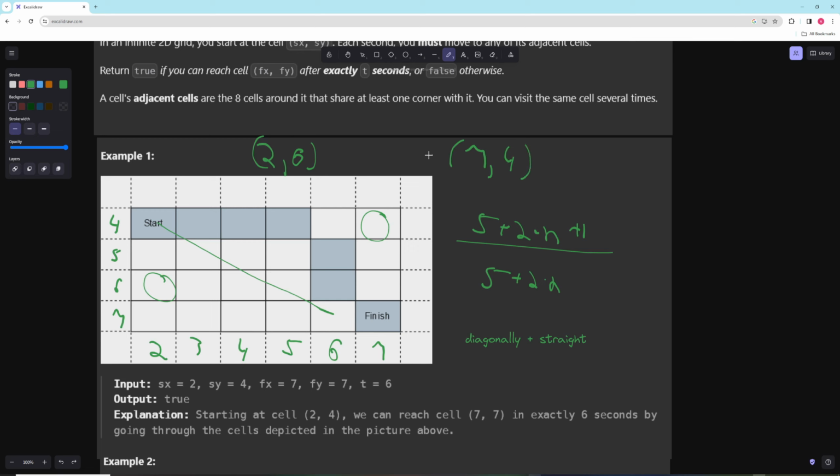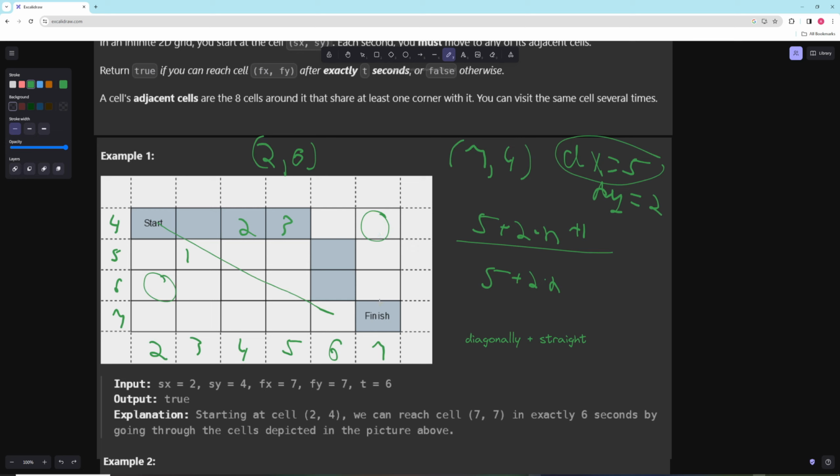So dx here would be 5, and dy equals 2. So according to our formula, our time should be 5. And let's take a look. Like I said, we go diagonally as much as we can. So we would go 1, 2 diagonally, and then horizontally 3, 4, 5. And so that does work.